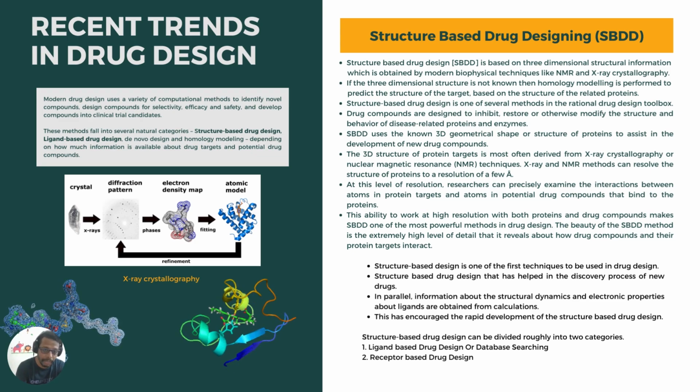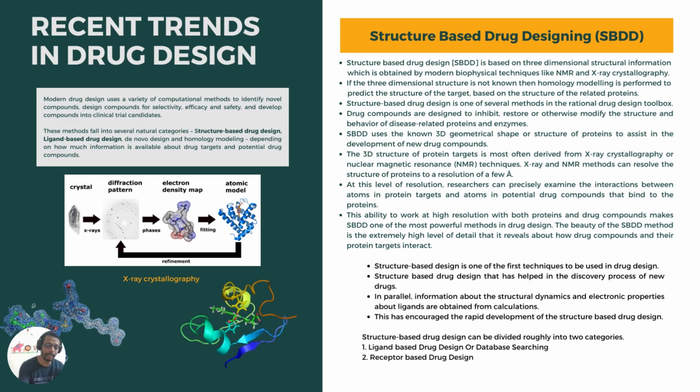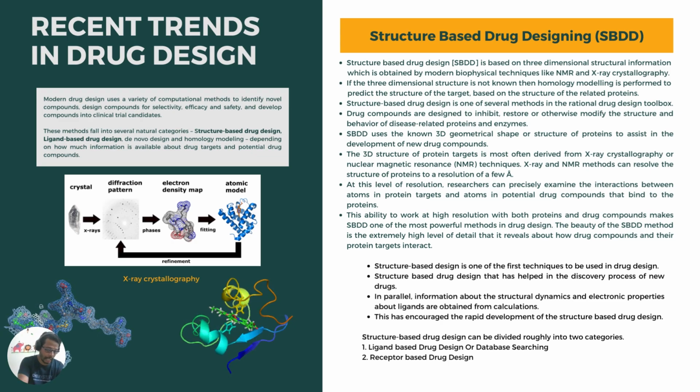For example, in the slide, in X-ray crystallography, by directing X-rays on the crystal or on the drug moiety, it creates an electron density map around the skeleton of the drug. Based on that, an atomic model of the protein or the drug is drawn.